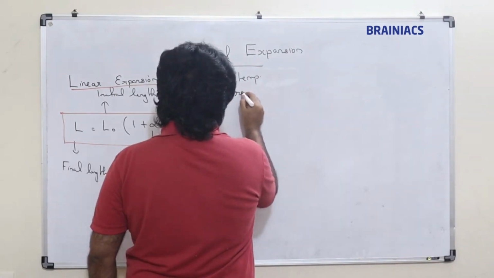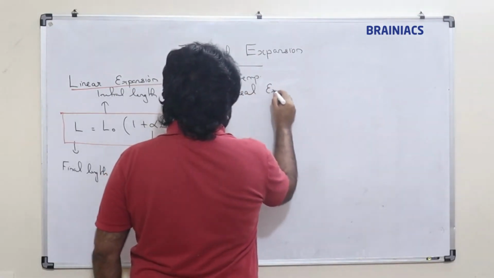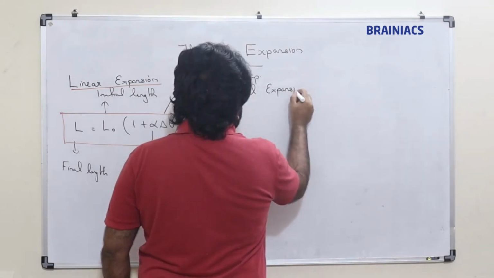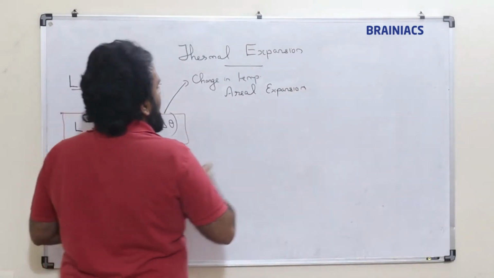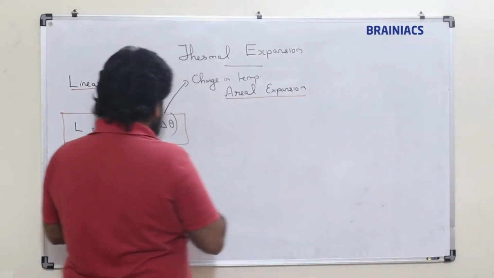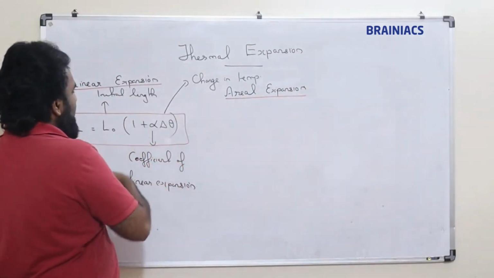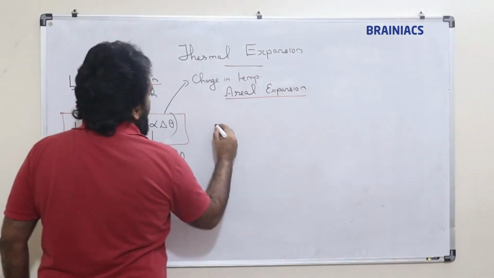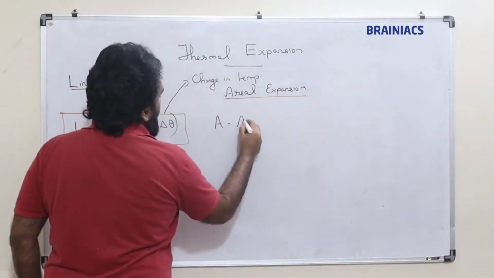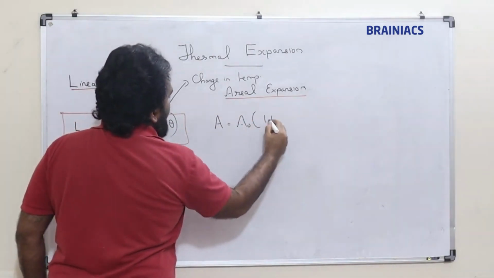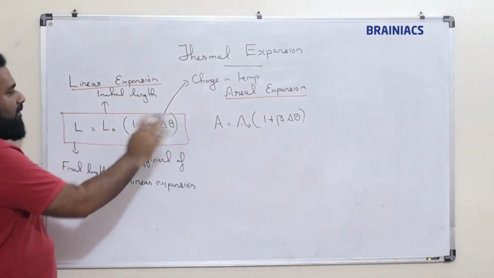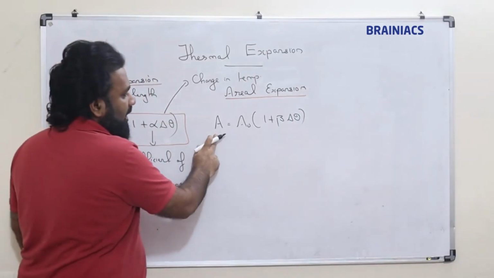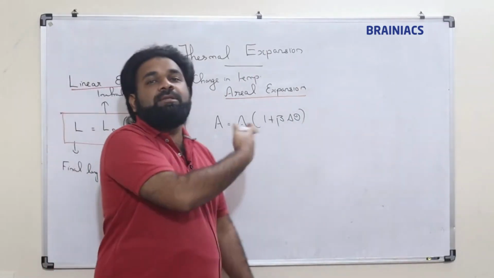Next, areal expansion. Areal expansion means what will be the final area. Same structure, same formula. A is equal to A naught into 1 plus beta delta theta. This is the final area, this was the initial area.